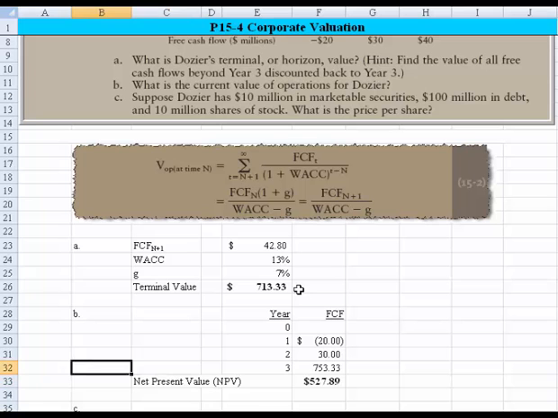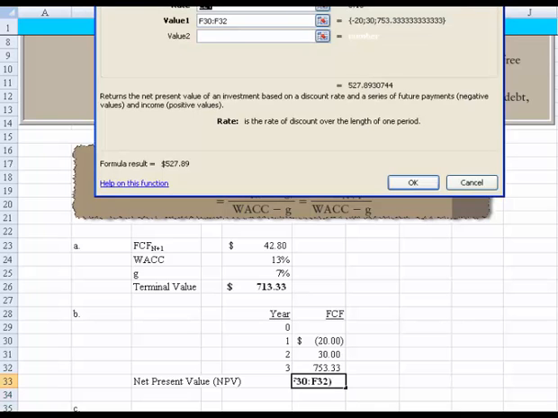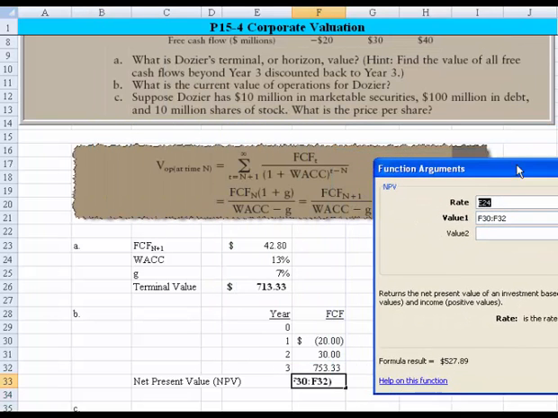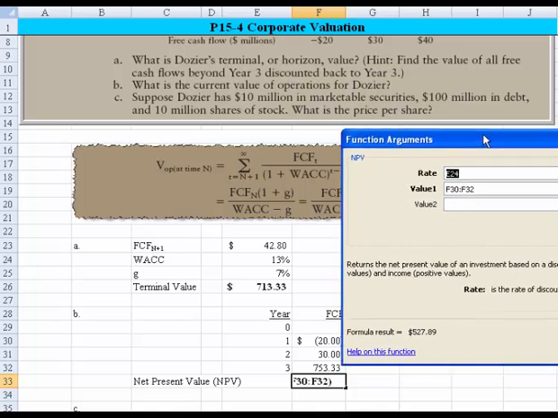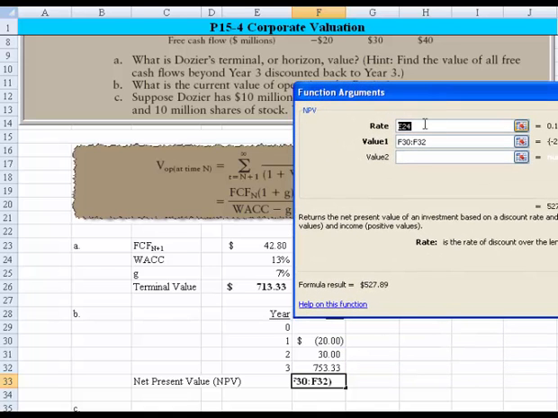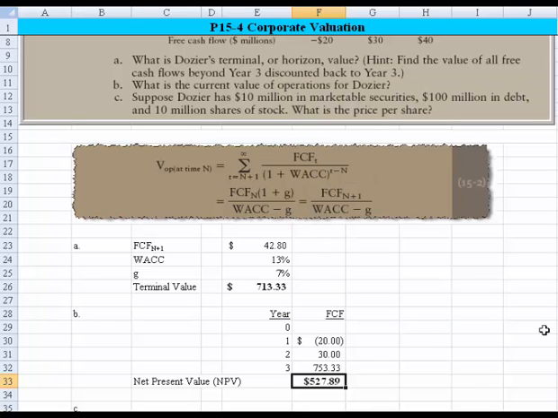But the way I approach that is I use the net present value function. And there it's given. If you wanted help, you could hit the F2 key, and it would show you the rate is given in cell E24, which is that cell right there. The value comes from the cash flows right here. And once you've given that, it will calculate the net present value.